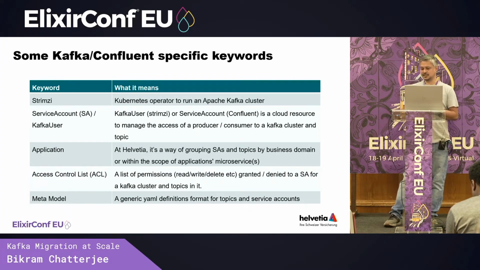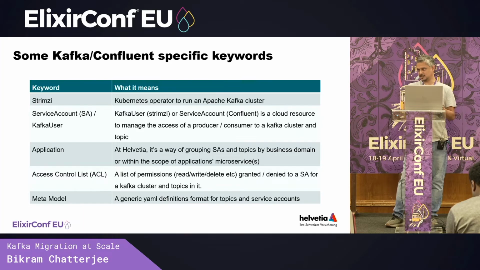ACLs, or access control lists, are defined between Kafka clusters and service accounts to grant or deny read, write, and delete permissions to clusters or topics in it. Now, Strimzi and Confluent do not have the same style of defining a resource.